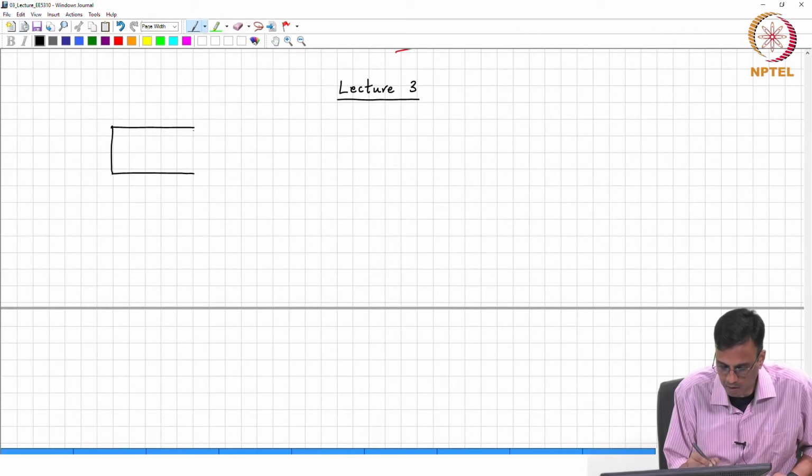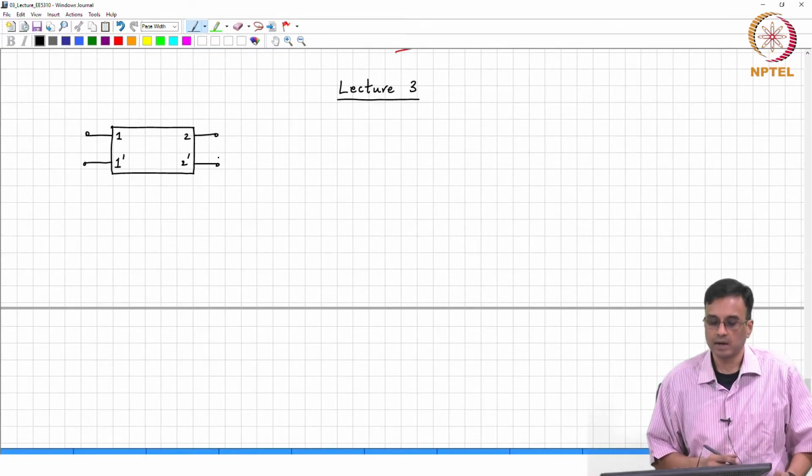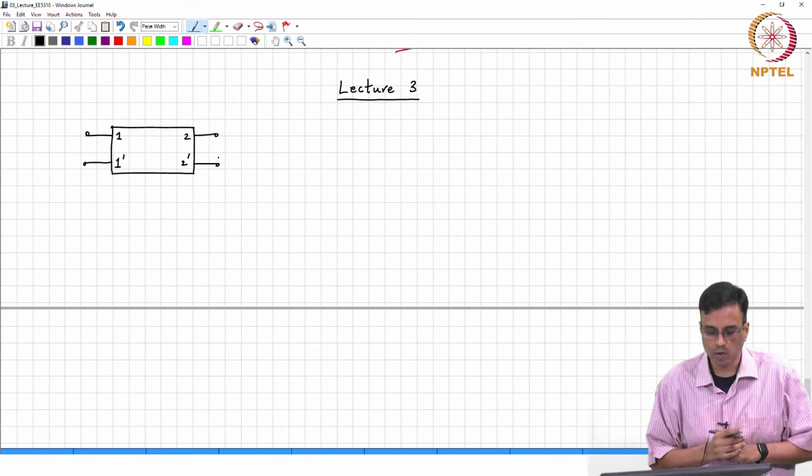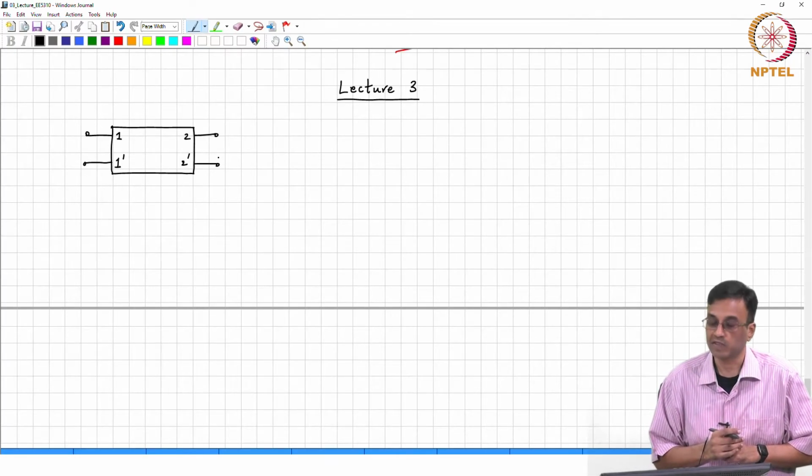So, let us say you have a box, a linear network with two ports, and of course there could be a whole lot of stuff inside, you do not know what is inside.